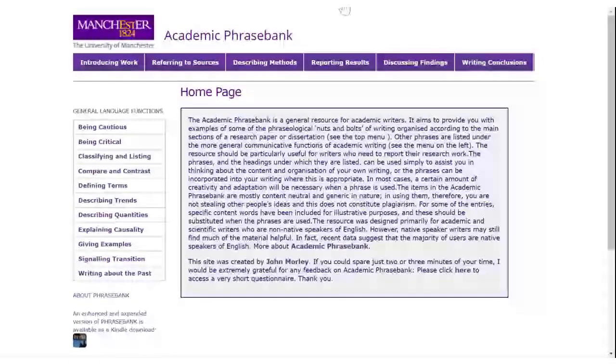Okay, so if we go here, what this does is it gives you these sentence starters almost, which you can use, and it's not plagiarism. You don't need to worry about that.